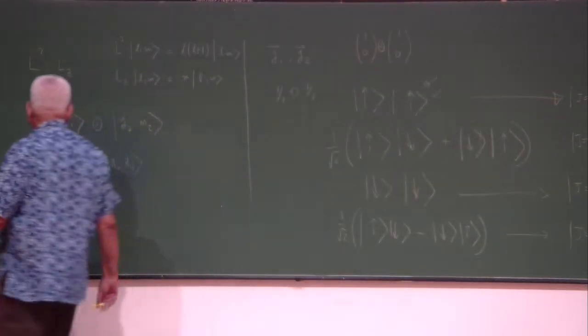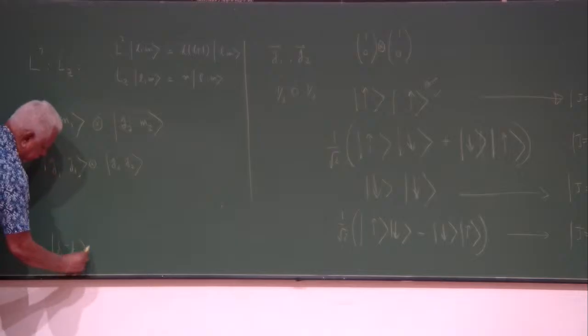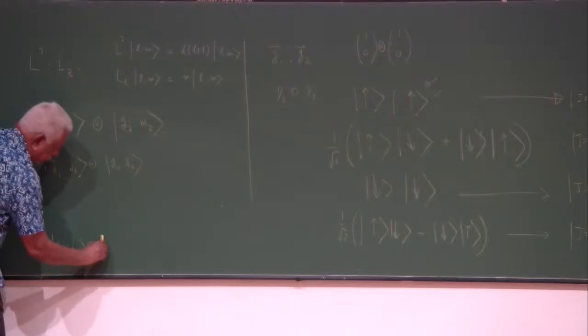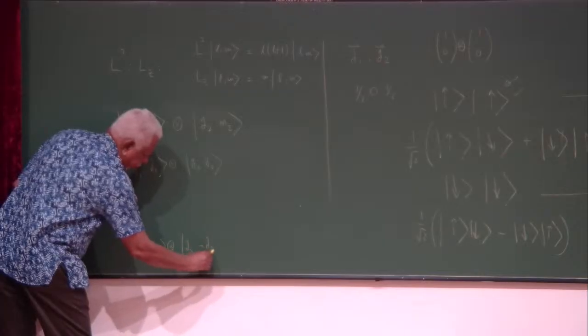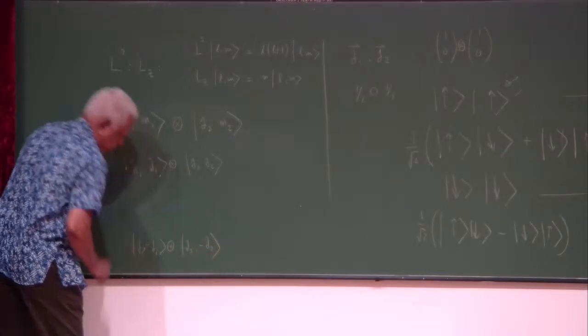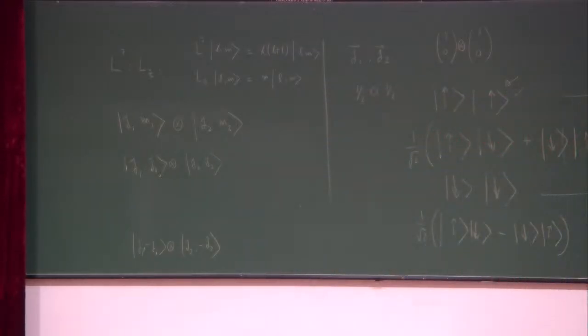The last one, I will write it here, J1 minus J1, and then J2 minus J2. So what is the total magnetic quantum number of this object? It is minus of J1 plus J2. So you start with minus of J1 plus J2 to go up to plus J1 plus J2.